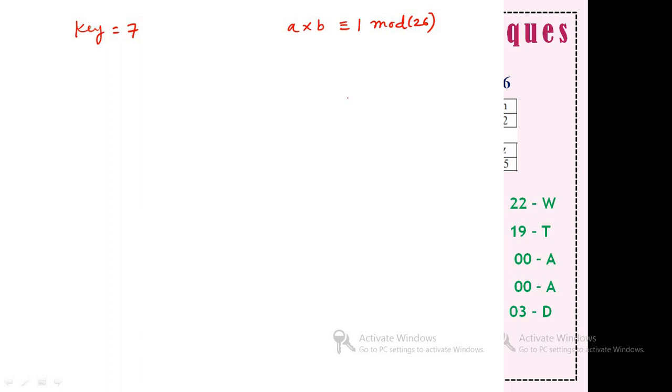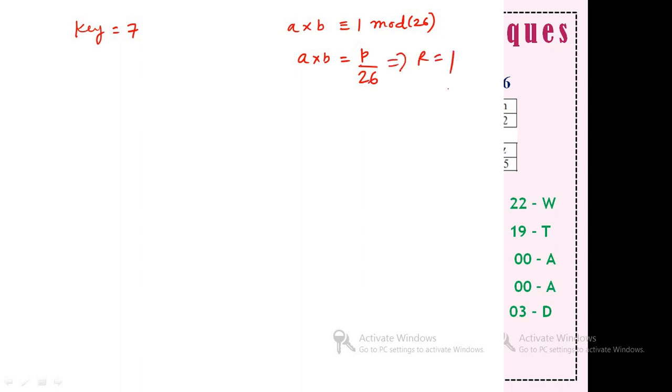We would need an element by which, after the multiplication happens, whatever product you are getting, like A into B in this case, suppose this is the product P, when you divide that by 26, the remainder will be 1.